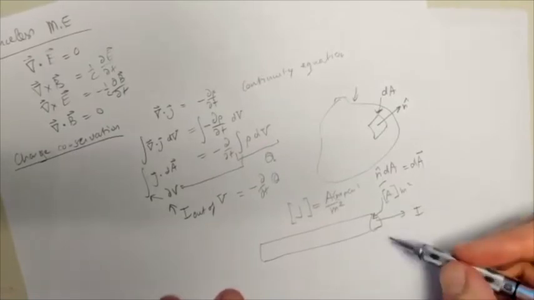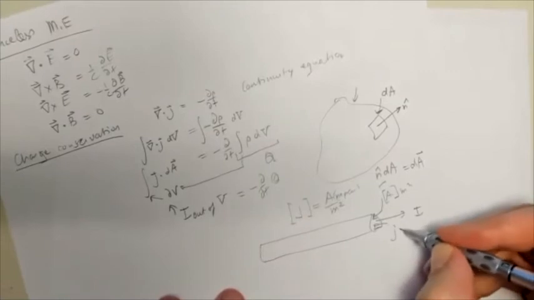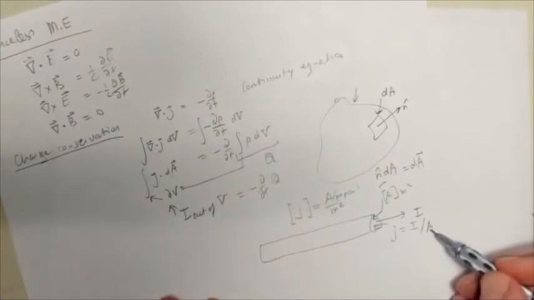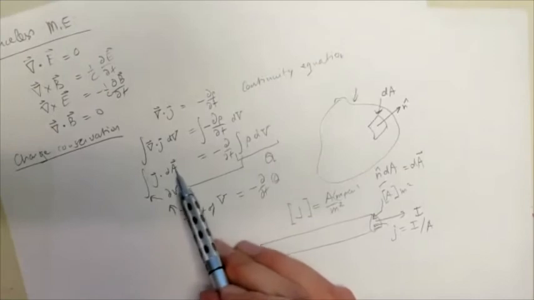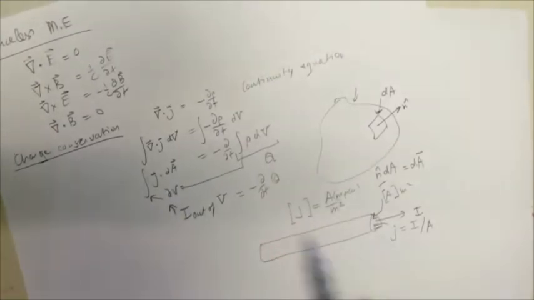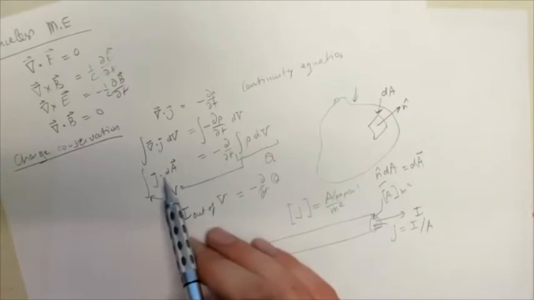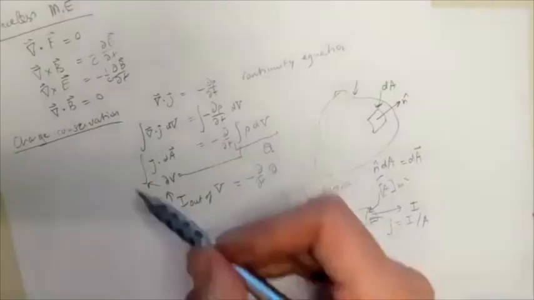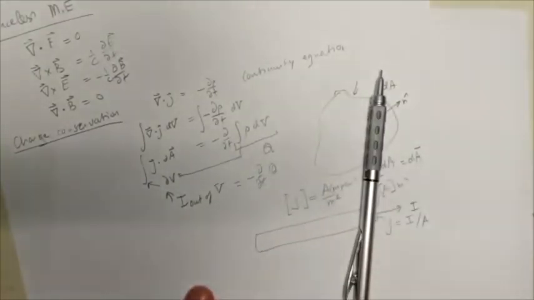If the current density is uniform, then J is just the total current divided by the cross section of the wire. That's what we mean by current density. So if we integrate current density over area, at every infinitesimal section we get current density times dA, and therefore we get current.